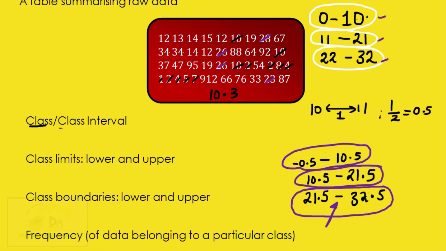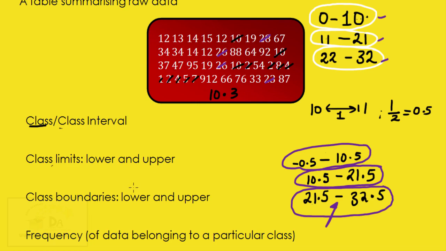We're going to have examples that utilize this concept shortly. The key thing to know is that class limits might not necessarily account for all possible numbers, but class boundaries enable you to account for all possible numbers in the raw data.